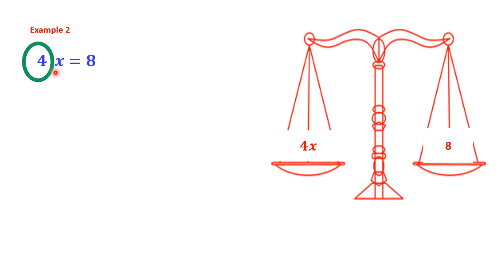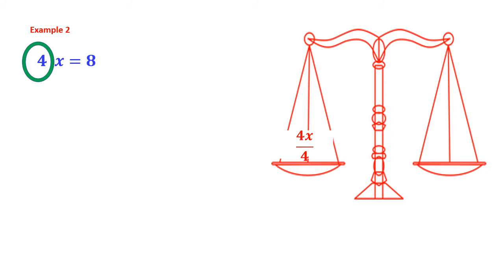Hence we will take the multiplicative inverse. What is the multiplicative inverse of 4? Just think it over. Yes, you are right. The multiplicative inverse of 4 is 1 upon 4. Hence, I have divided 4x by 4.